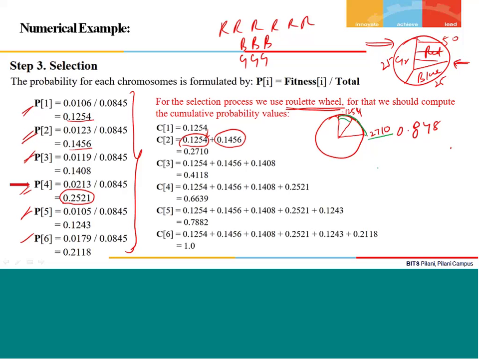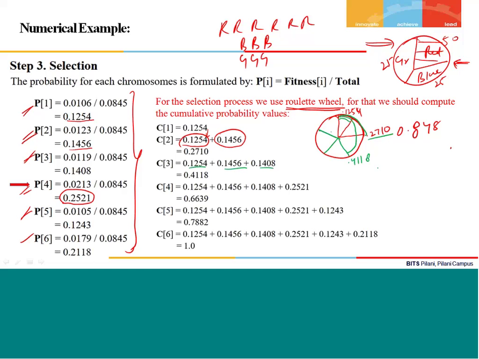Now I have to take my third boundary, and then I will add all these three numbers, and I will get 0.4118. So it is from here to here, right? So similarly, I will constitute like this, and I will have some numbers.